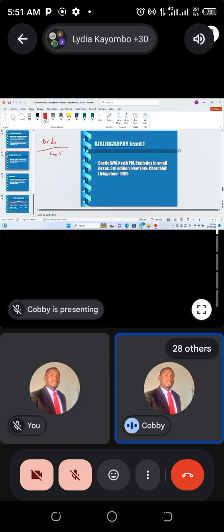We have low, mid, and higher socioeconomic status. What other variables fall under ordinal?